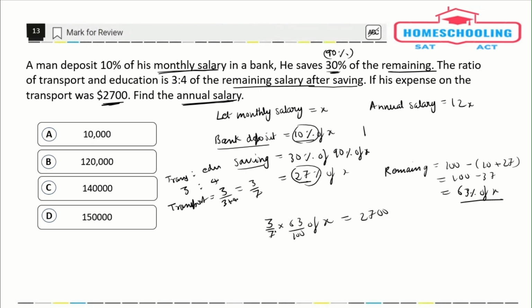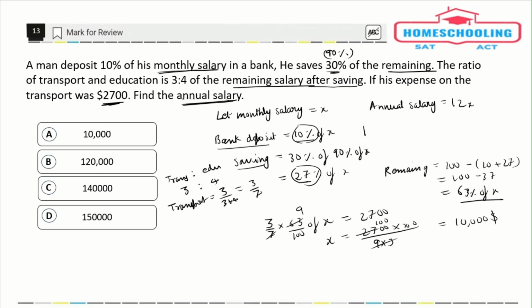So from this we go 9 times, and X would be 2,700 into 100 divided by 9 into 3. 9 into 3 is 27, so it will go 27. So 100 into 100, that would be $10,000. So X, your monthly salary, is $10,000.